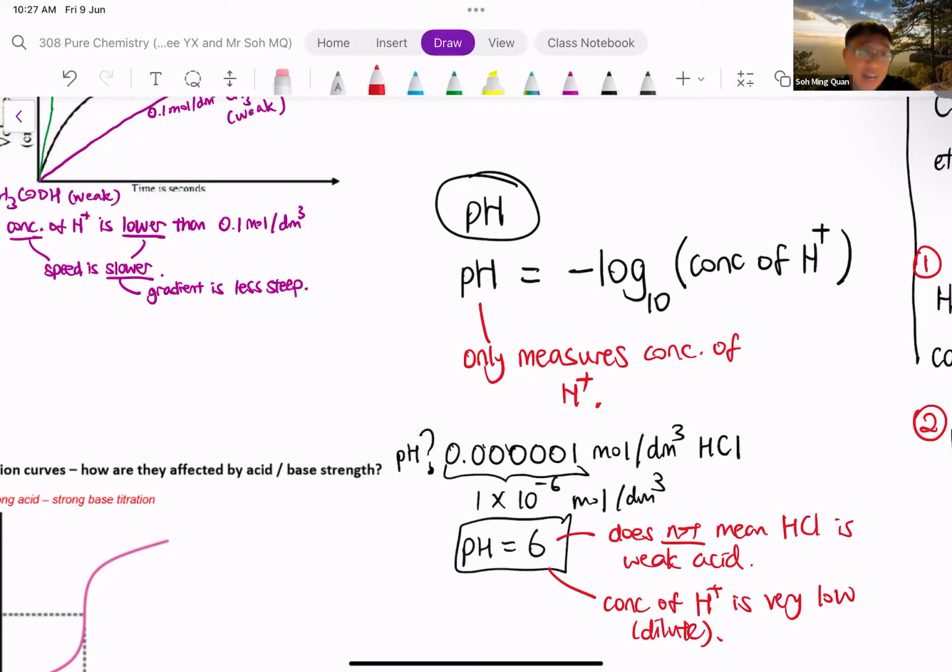So what you have seen is HCl is a strong acid, but if I diluted it enough, the pH becomes higher. That's it. So similarly, I could have used a weak acid, but I concentrate it. Then the pH is lower.